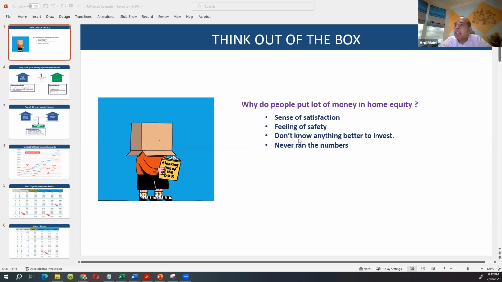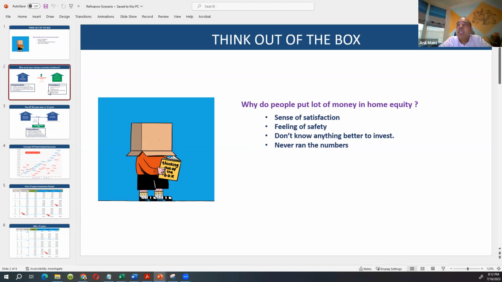And some people will say they never actually did mathematical calculations. They don't have time, so still they feel that it's better to pay off the loan. Okay, so these are different reasons why people try to pay off their loan.